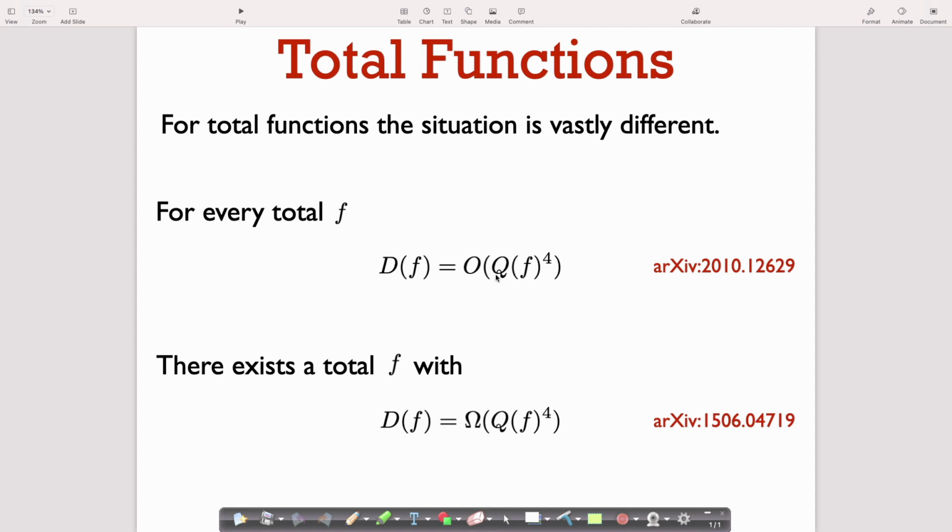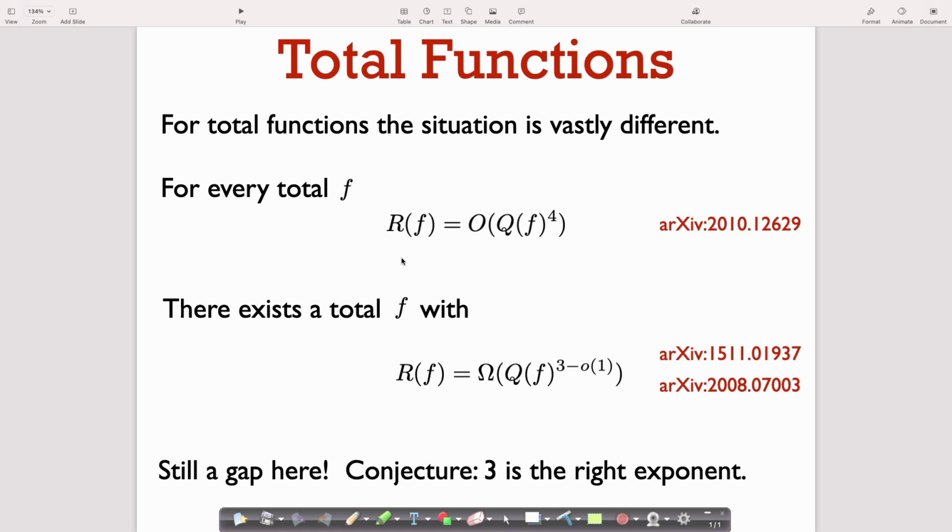Okay, so this is quite a remarkable result. And we also know that this bound is tight. So there is an example of a total function f whose deterministic query complexity actually does require the fourth power of its quantum query complexity. Okay, so we actually understand the relationship between deterministic and quantum query complexity for total functions quite well now.